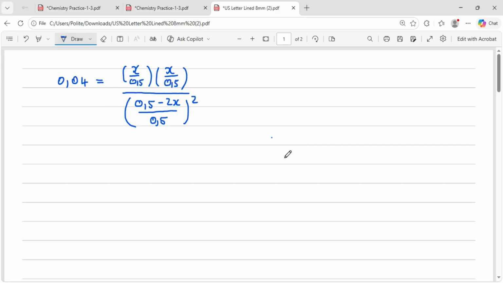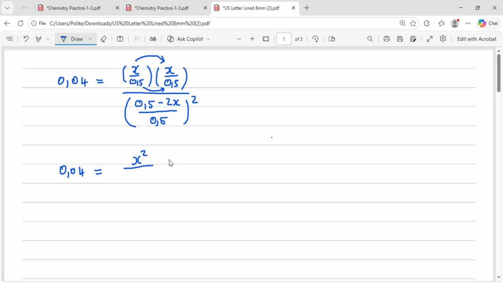Okay, so when you see this type of question, you don't have to panic and feel like whatever you are doing is wrong. Just follow the steps to solve this. First thing first, I'm gonna leave the 0.04 that side. Then I'm gonna multiply these two: X times X, then 0.5 times 0.5.